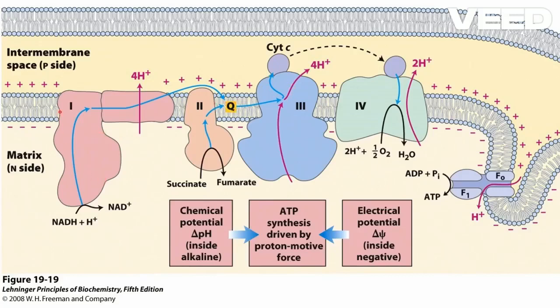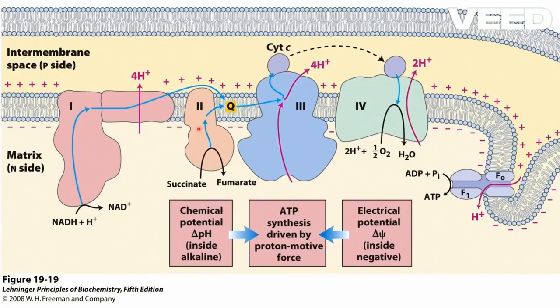So complex 1 transfers its electron to ubiquinone. But what do you know? What's the flow of electrons? It's electricity, right? So using this electricity, complex 1 pumps protons from the matrix side to the intermembrane space. We will see the use of these protons later.